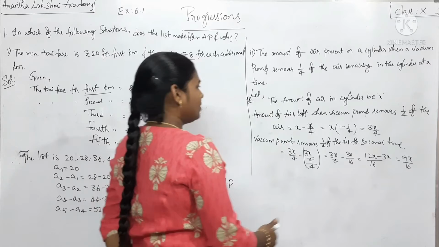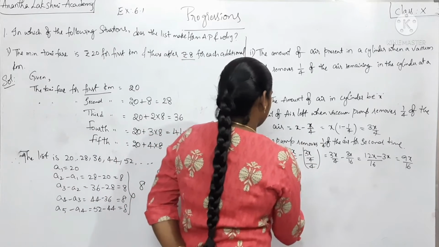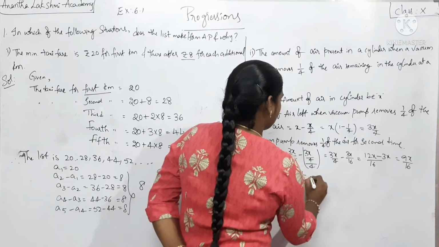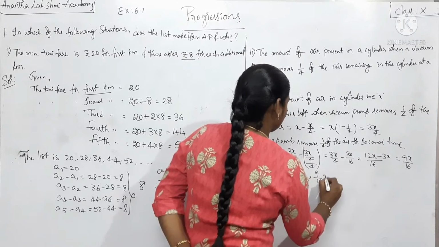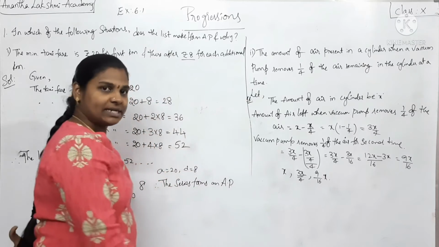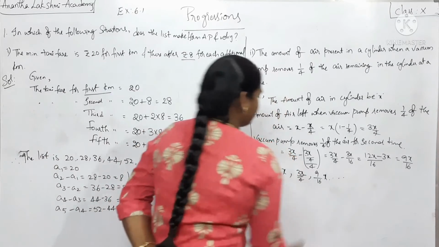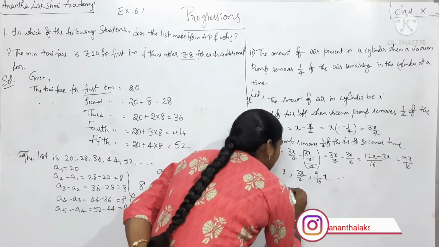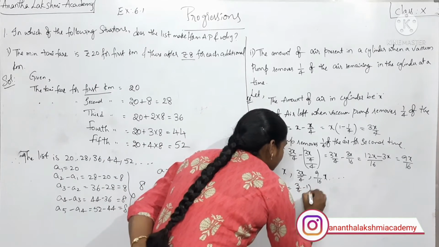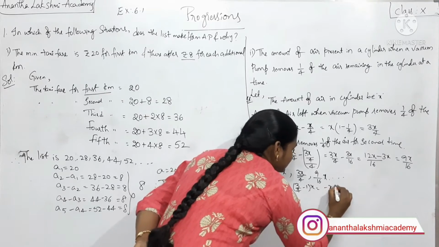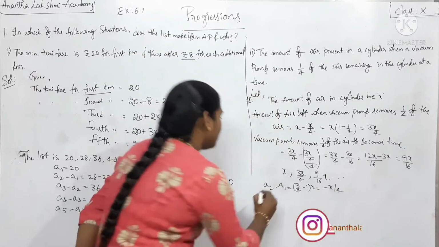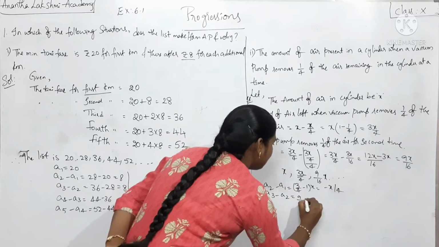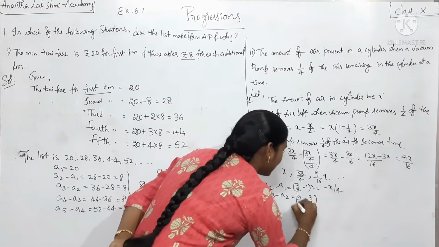So how is this obtained? By the series x, 3x by 4, comma, 9 by 16x, and so on. So if you look at the difference, a2 minus a1, this is nothing but 3 by 4 minus 1 into x, it is minus x by 4. a3 minus a2, 9 by 16 minus 3 by 4 into x.